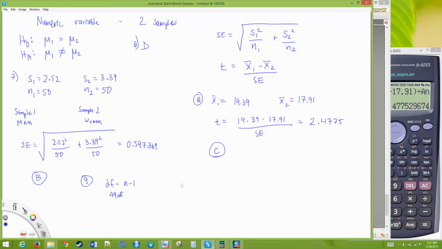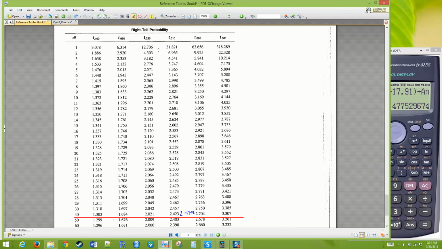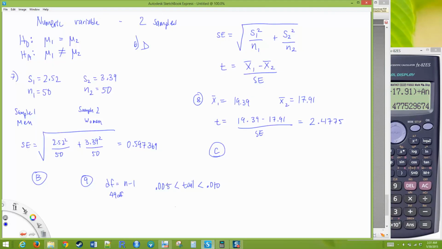So my tail is between 0.010 and 0.005. 0.005 is smaller, so it goes over here, and if you wrote 0.010 is greater than the tail, which is greater than 0.005, that's also allowed. Okay, this is our tail area.